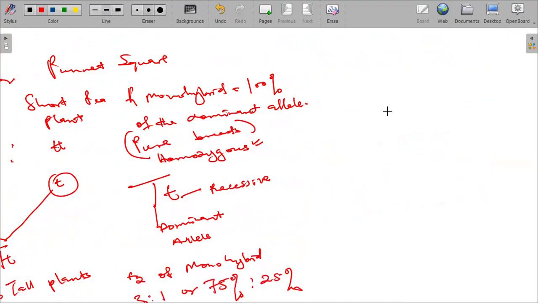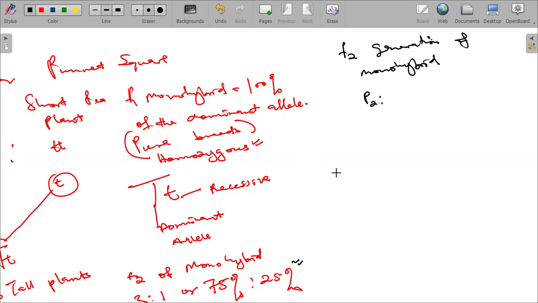When we are doing the F2 generation of a monohybrid cross, you should understand that we start with P1, meaning the parents. We are taking the offspring of what?